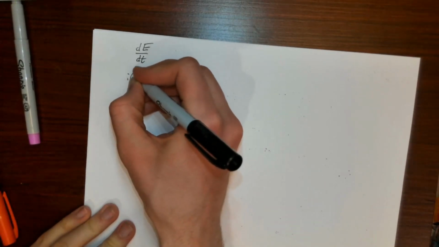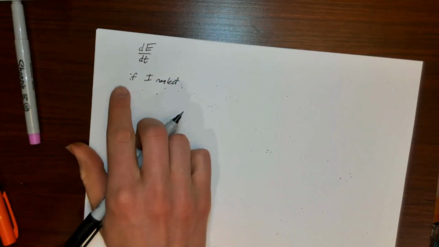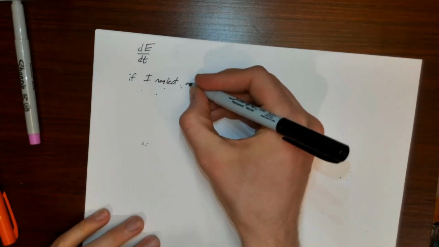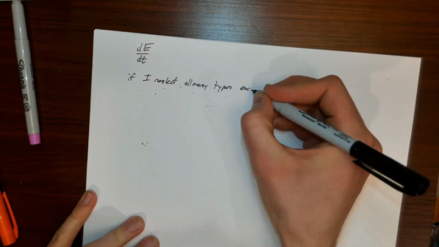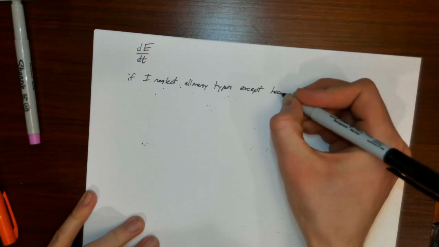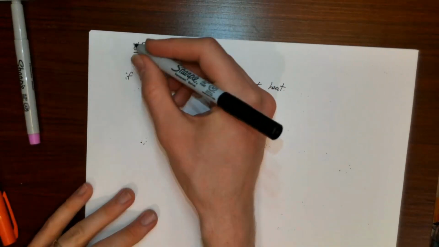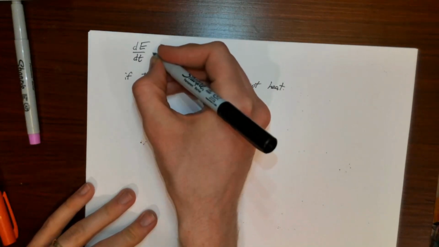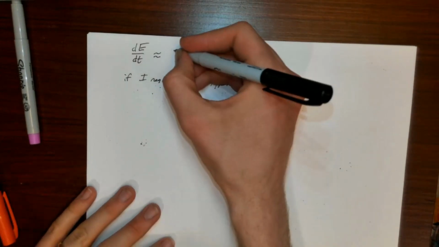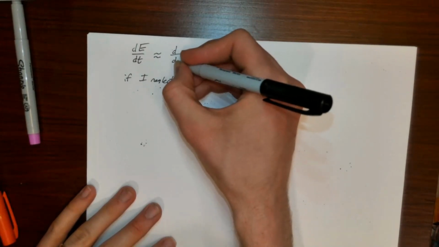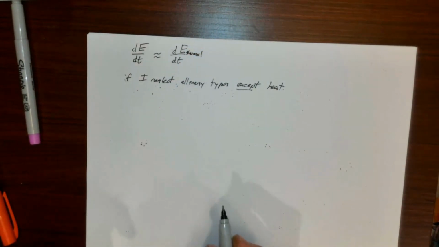So if I neglect all energy types except heat, then I can say the time rate of change of energy in my system would be approximately equal to just the time rate of change of thermal energy in my system, right?